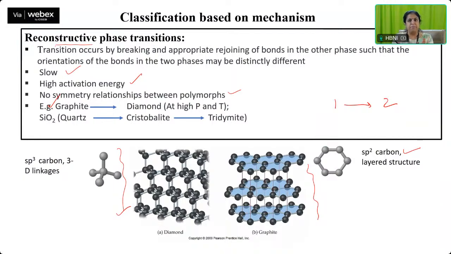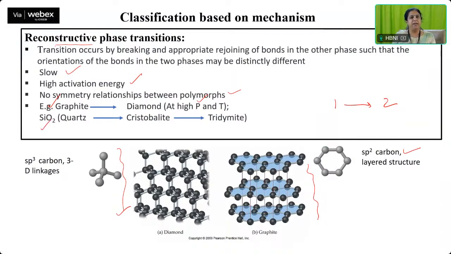Same carbon linked in a different manner, two different polymorphs, and for converting one polymorph to the other, that is diamond to graphite or graphite to diamond, you have to do a lot of bond breaking and bond formation. This requires high pressure and temperature, and that is why this is an example of reconstructive phase transition.